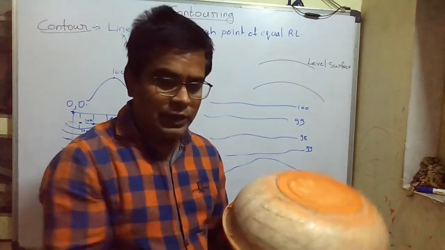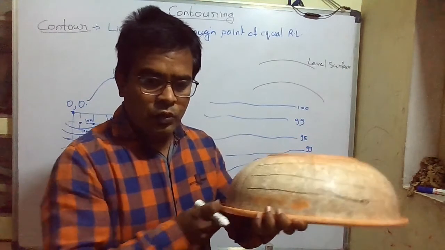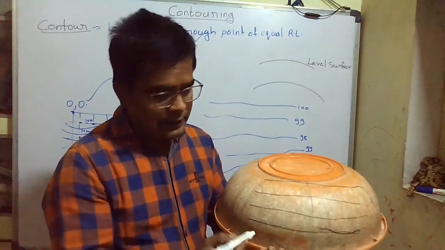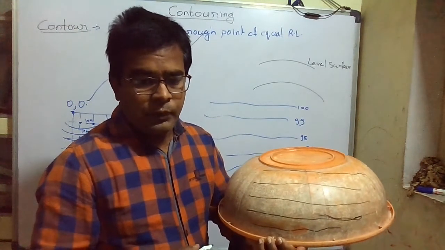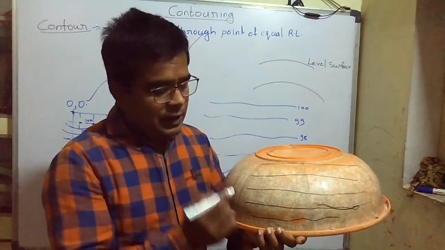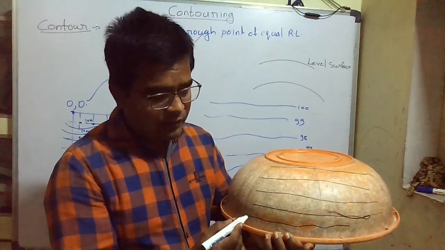Like that, I can draw the lines here. Are you getting it? I have drawn the lines. Suppose this is a hill. So what am I getting? I am getting what the RL of this line should be. I am getting one contour.